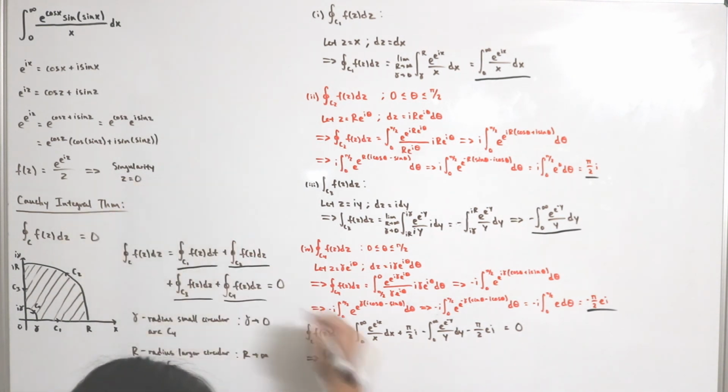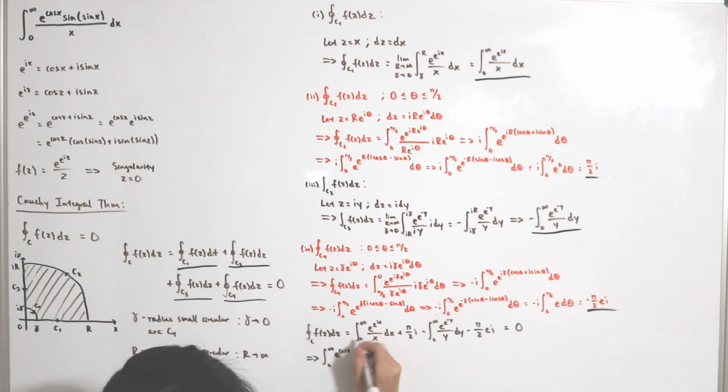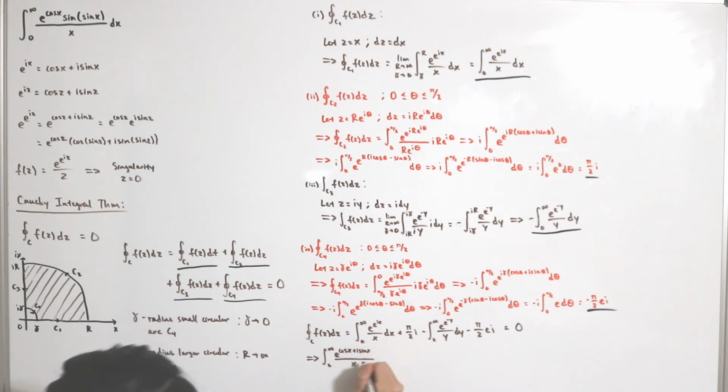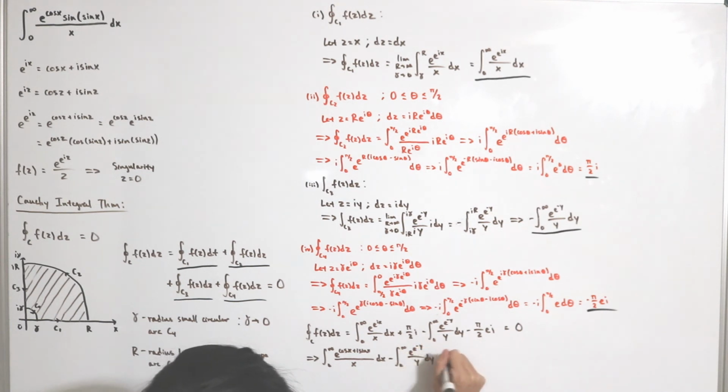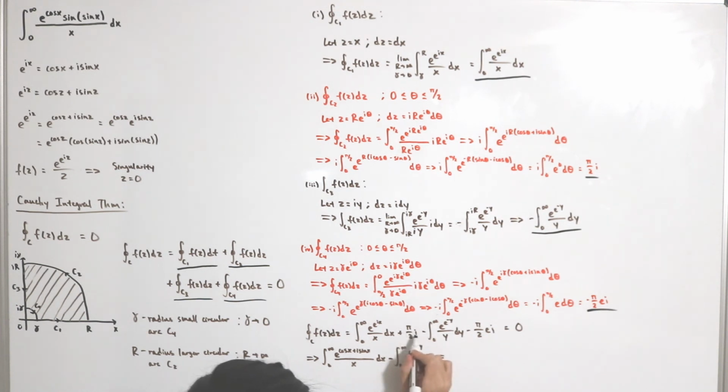and then this is just replaced with e to the cosine. I'll do this one by one. So how about I write, it's supposed to be x, e to the cosine x, then plus i sine x, and then divided by x dx, minus this integral over here, 0 to infinity of e to the minus y divided by y dy, is equal to, so I subtract pi over 2 times i and then add pi over 2 times e to the i.